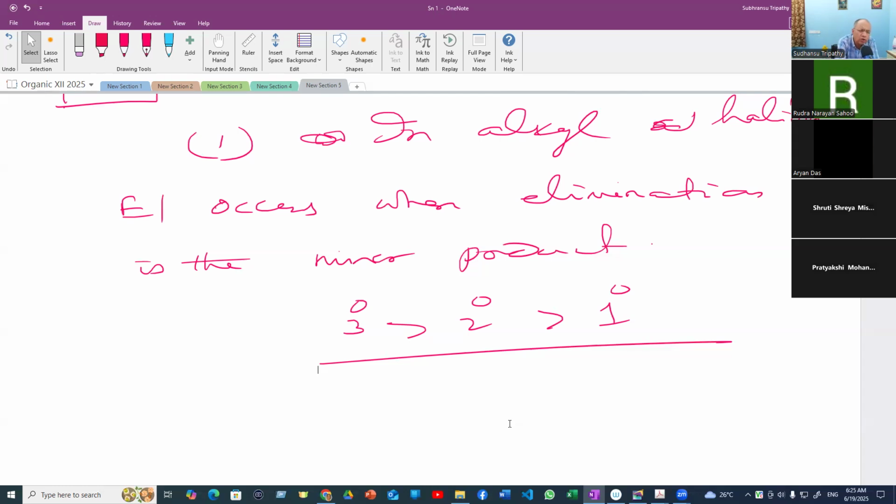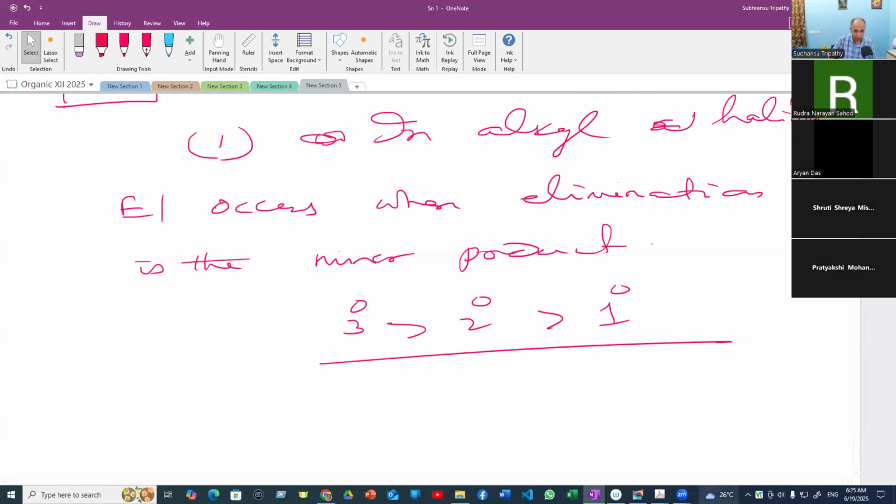Then many wrote the Hofmann bromamide reaction, which I have not yet discussed, as the same as Hofmann ammonolysis. No, that is amide converting to amine. It's not an ammonolysis reaction. When ammonia is used, there is ammonolysis of esters, ammonolysis of acid anhydrides, and also ammonolysis of acid chlorides. But Hofmann ammonolysis is selectively used for alkyl halides. I told you in the last class.